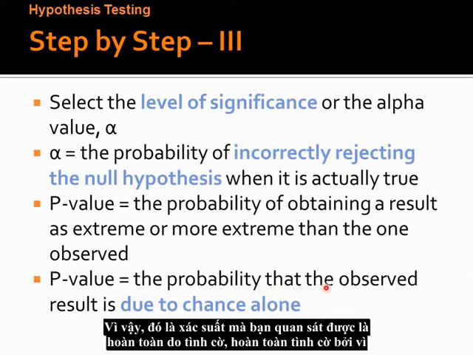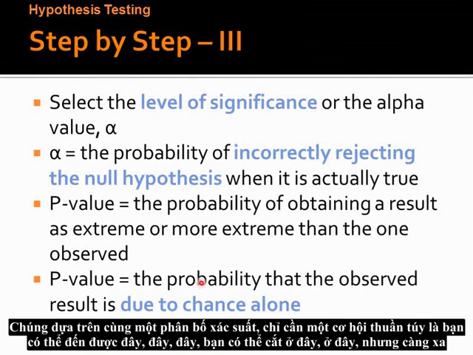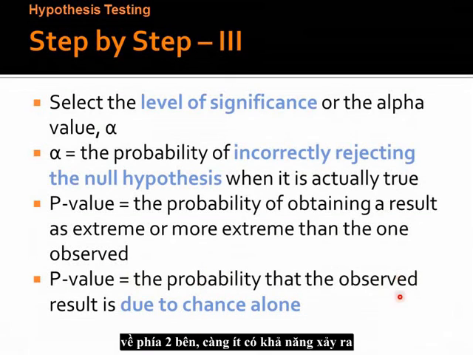So it's the probability that the observed result is due to chance alone. Chance alone because they were based from the same probability distribution, so just by pure chance you could have gotten here, you could have gotten here, but obviously the further to the tails you go, the less likely it will become. So your p-value, the further you go, you move away from the mean, right?